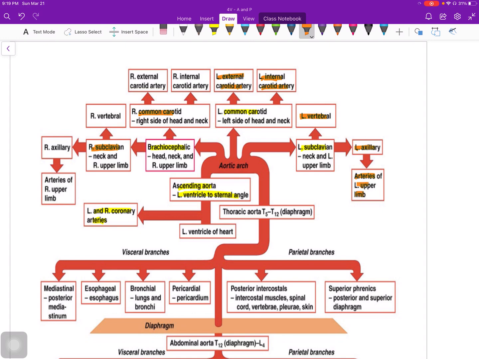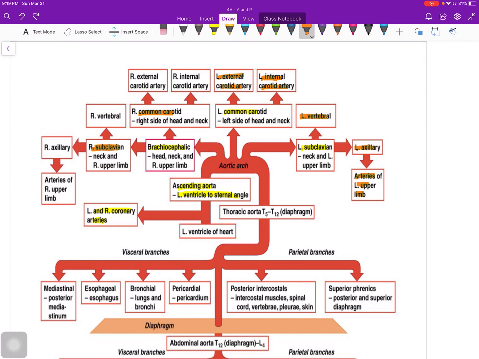All right, so I have yellow that's coming off of the aortic arch. That's the right and left coronary arteries, brachiocephalic, common carotid, left subclavian. Then branching off of those main branches in orange: brachiocephalic, right common carotid, right subclavian.